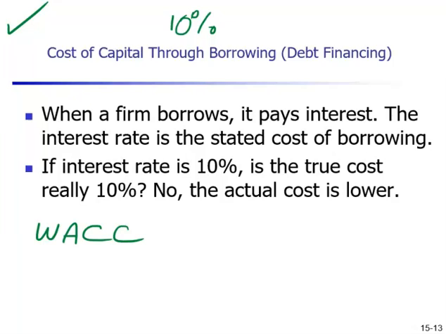Because if the stated rate of borrowing is 10%, the actual cost is lower. So it would be better if we rephrase this part this way: the interest rate is the stated rate of borrowing.